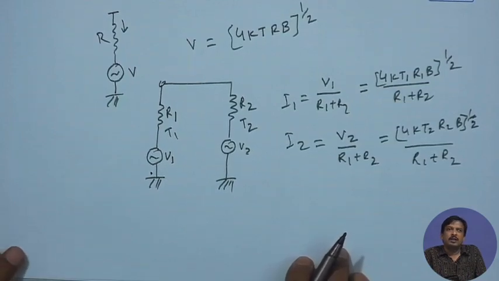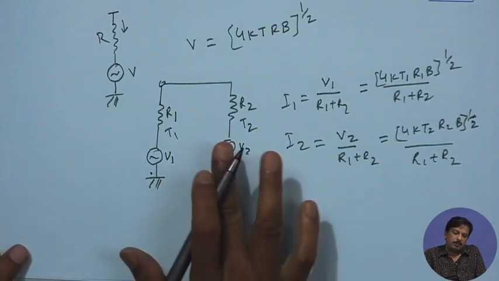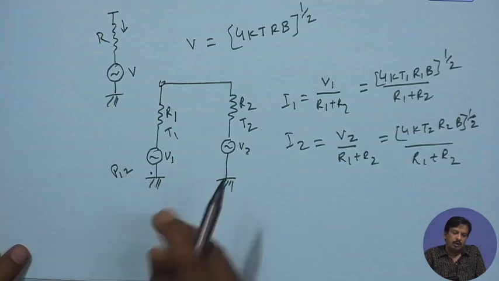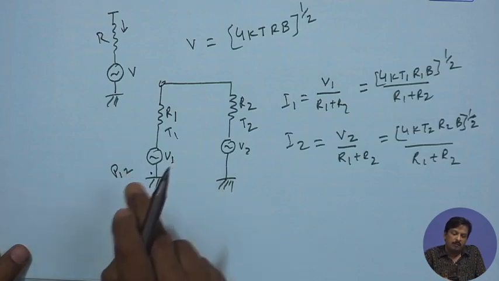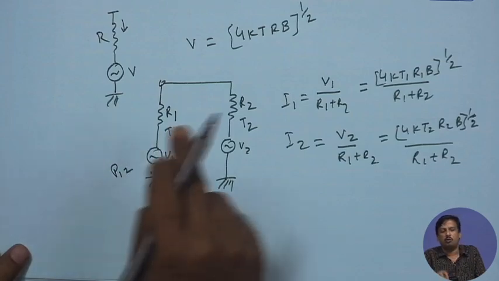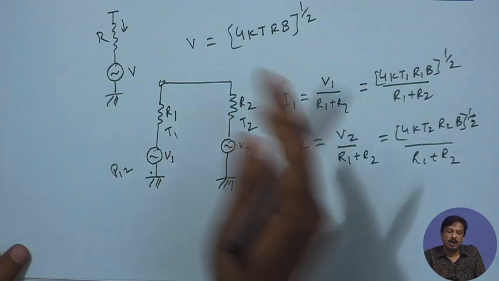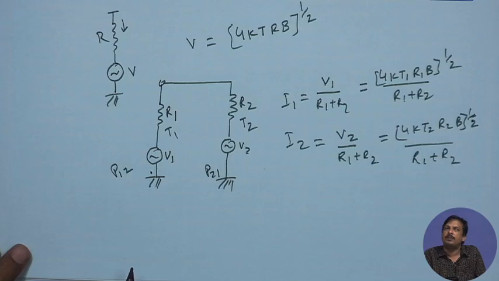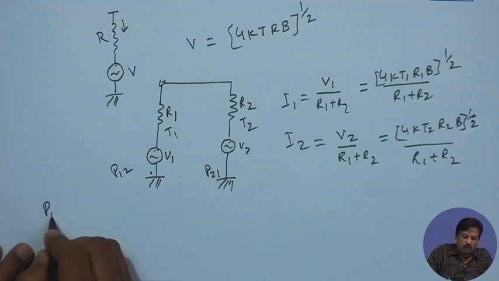Okay. Now, how much power? Suppose this source is not there. So the power is P1 and P2. The noise power delivered from the microphone to the preamplifier is P1, and the noise power delivered by the preamplifier to the microphone is P21. So, what is P1?